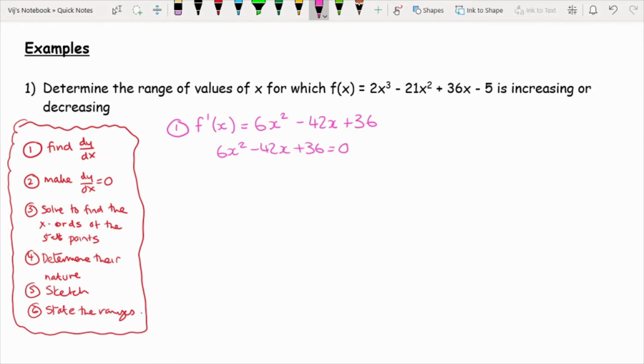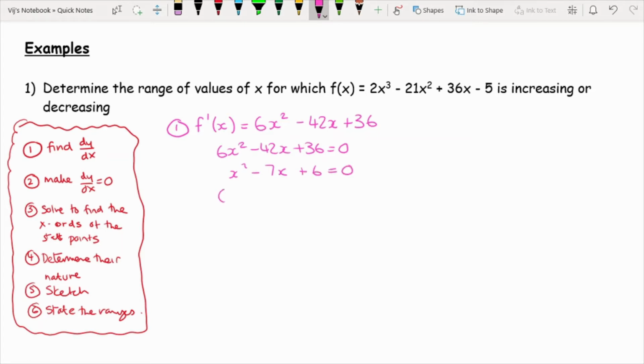Now from this I can go straight into the quadratic formula, or I can attempt factorising, or I can notice that each of the coefficients and constants are multiples of 6, so I can divide everything by 6. Bear with me because it seems to be lagging a bit.